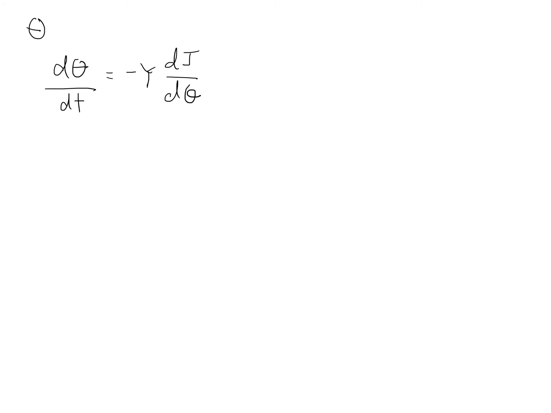Since we choose the cost function J(theta) equal to 1 over 2 error squared, dJ over de is equal to e.